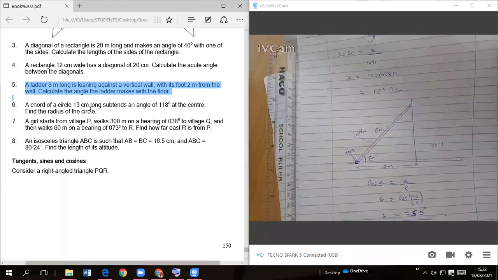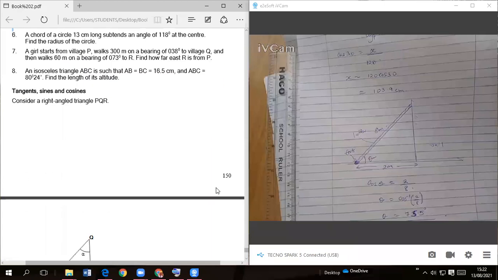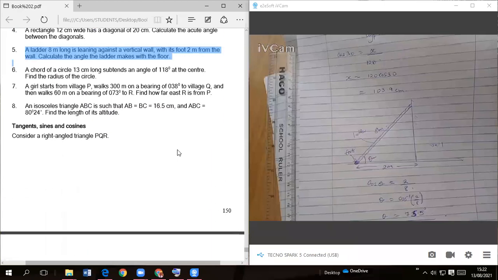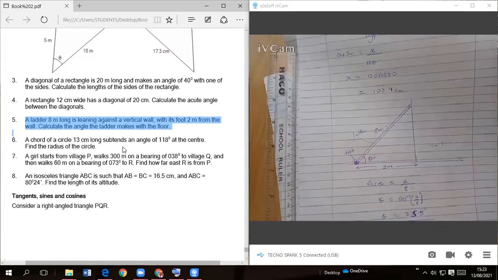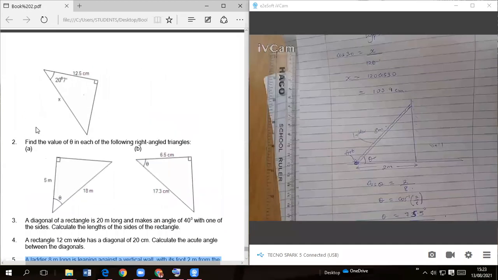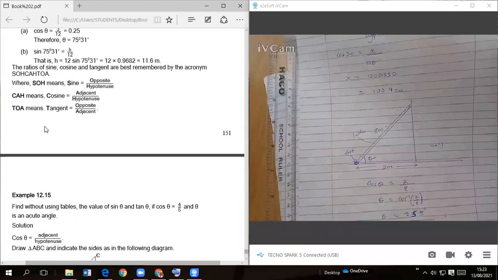So hey guys, let me give you an exercise here. This time you go to this book, page 115. You download this book and you do the exercise questions for me.